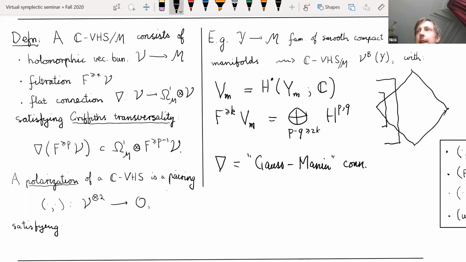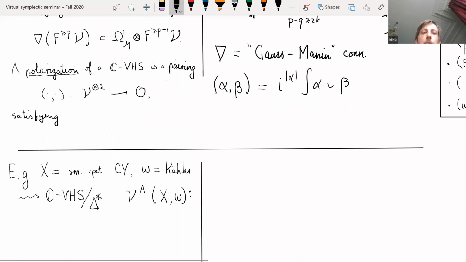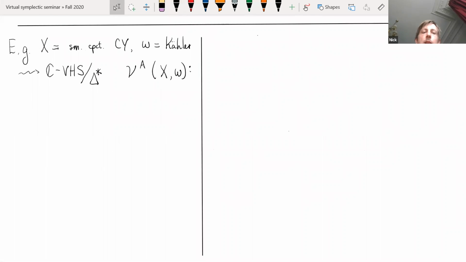And this has a polarization which looks like this. Okay, so associated to our family Y, we've got a complex variation of Hodge structures over the same base, and it looks like this. All right.